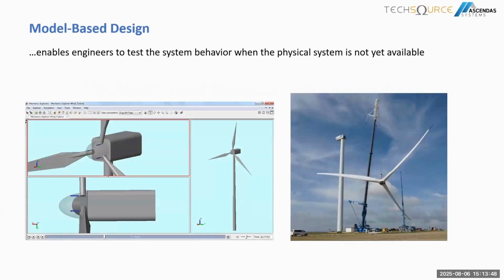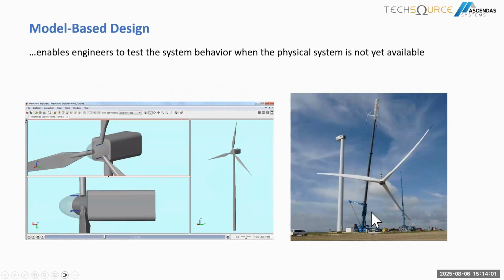So let's see how we can use model-based design to embrace this complexity in what we are doing with power converters or power electronics. Model-based design enables engineers to test the system even without the physical system being available.